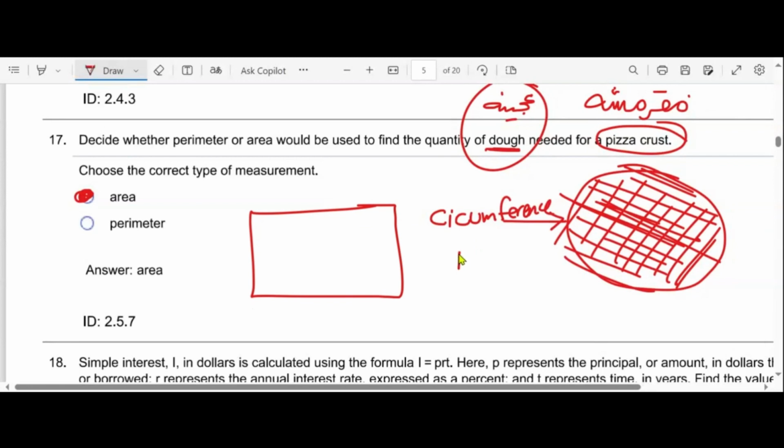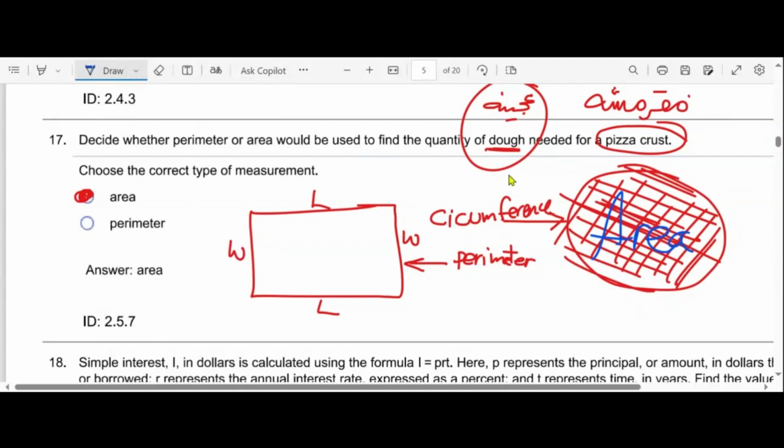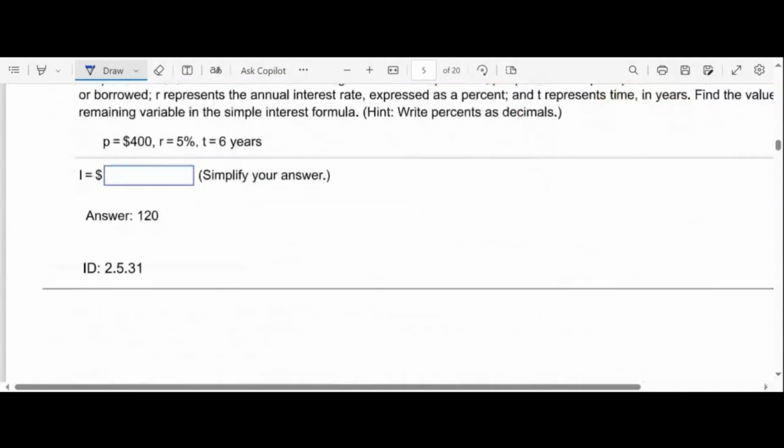We call it perimeter. Is this clear? So the perimeter is based on L and W, but here the circumference is the outside. So are we looking for area or circumference? Area. We're looking for area, because we're looking for dough. Okay. Clear or not clear?